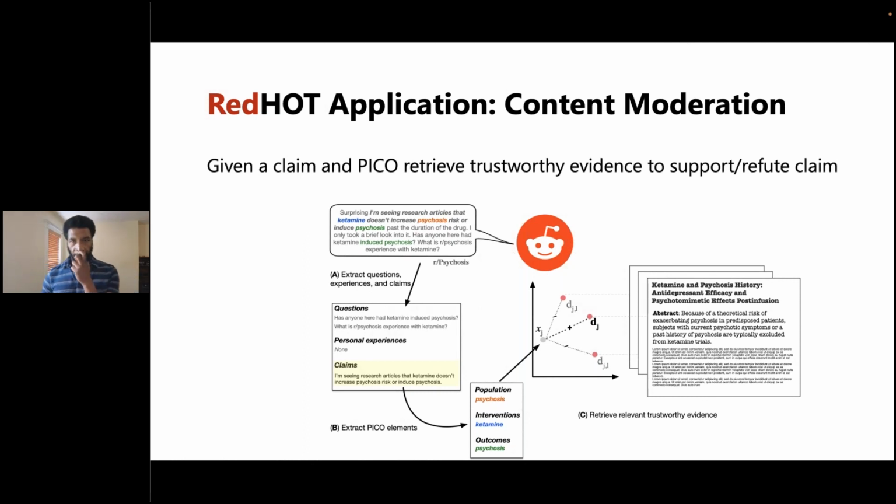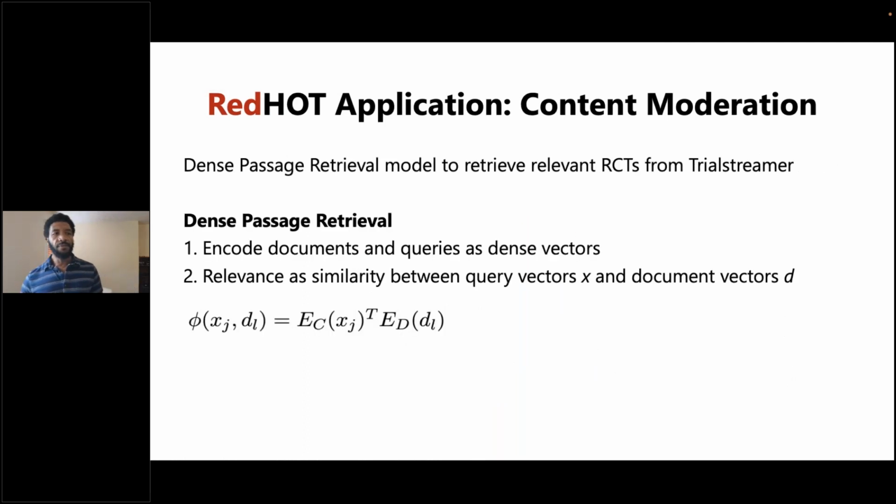So to retrieve this evidence, we used a dense passage retrieval model, which essentially works by encoding documents and queries as dense vectors, and then measures the relevance as the similarity between the query vectors and the document vectors.